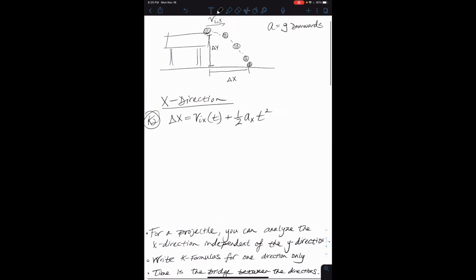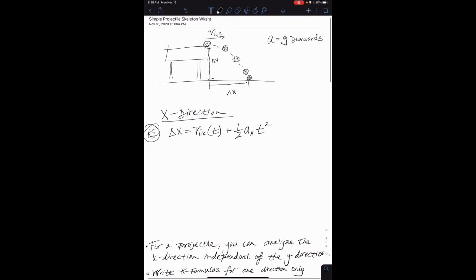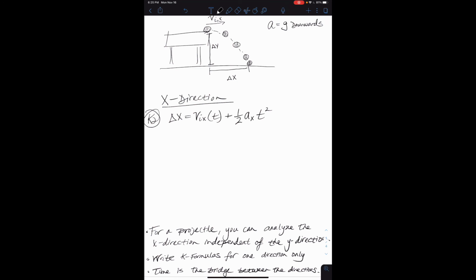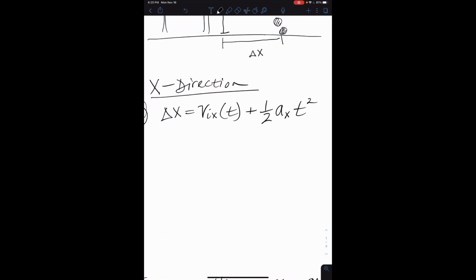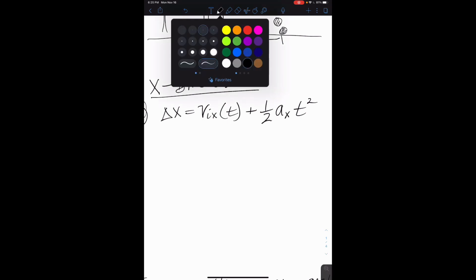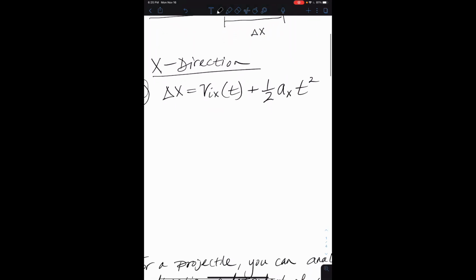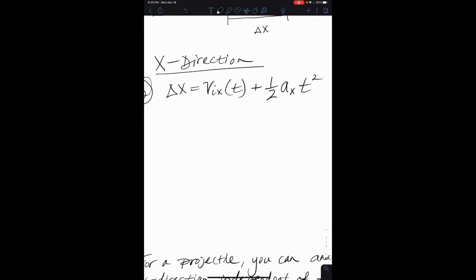So we're writing the K formula for just the x direction here, and I notice I added subscripts. So first of all, another important idea of this chapter is that projectiles don't accelerate in the x direction, right?